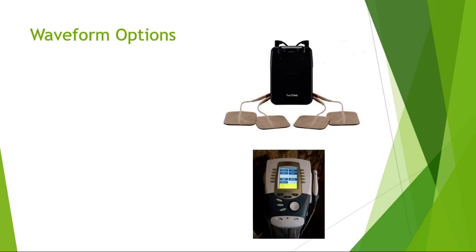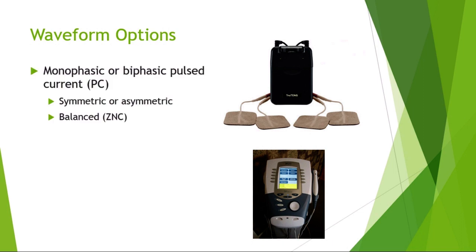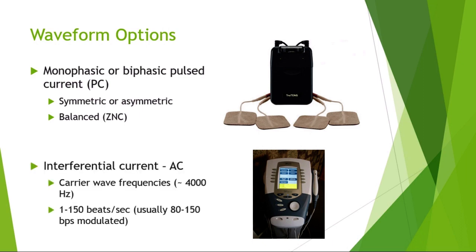Waveform options, it's basically going to be pulsed current, monophasic or biphasic pulse current. Of course, biphasic pulse current is largely the most commonly used. It can be symmetric or asymmetric, and you want it to be balanced, so 0 net charge. We don't have net charge building up under the electrodes. The alternating current application is going to be interferential current.